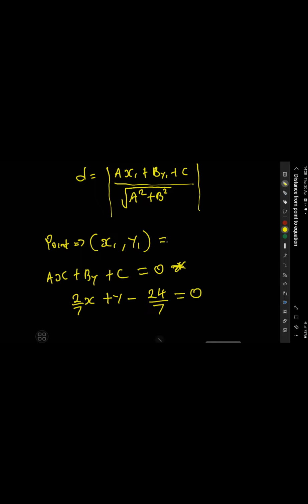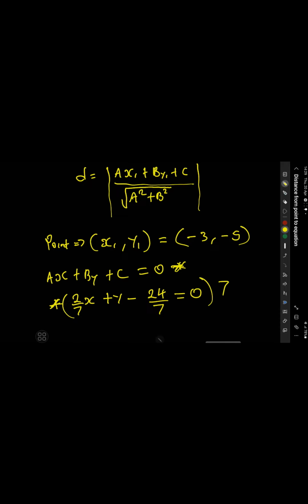Then the coordinates for that point were -3, -5. So now that we have these two to place in our equation, we can finally solve it. But looking at this expression, we can simplify it to get rid of the fractions by multiplying throughout by 7.